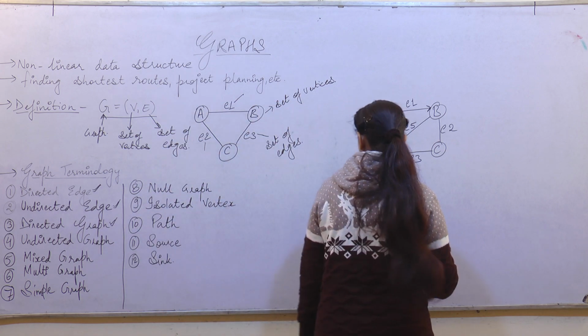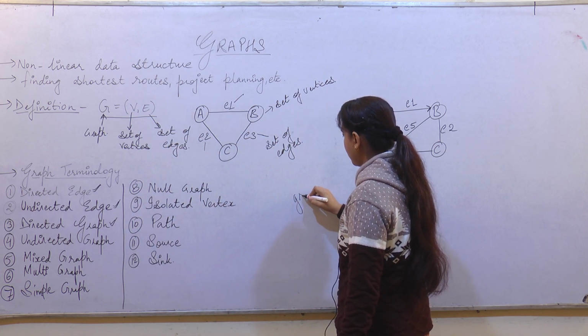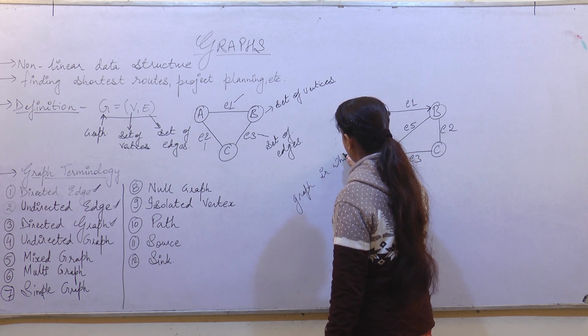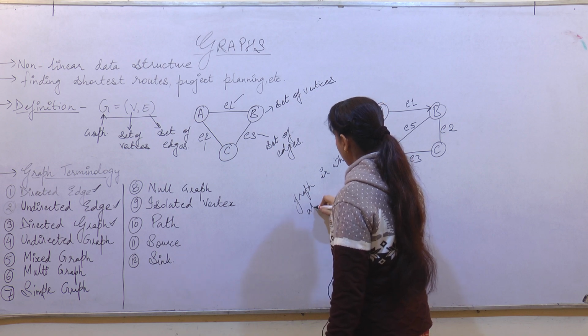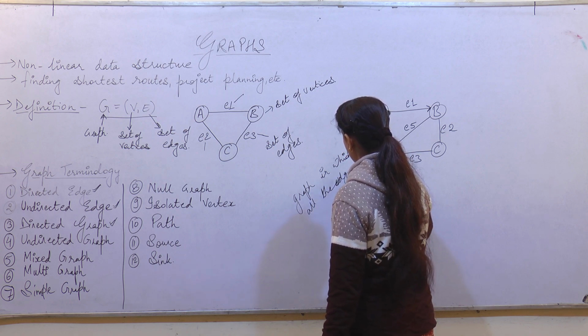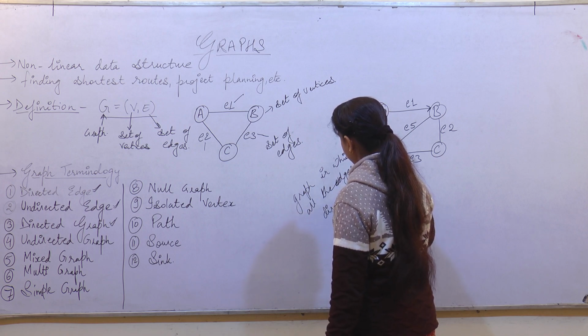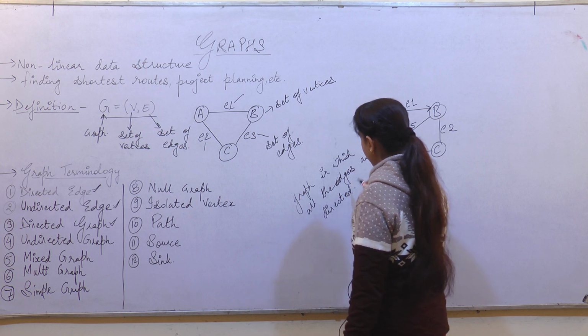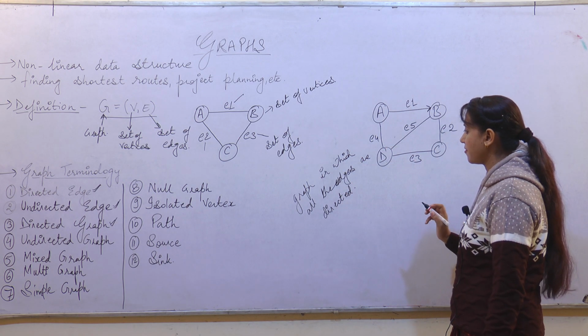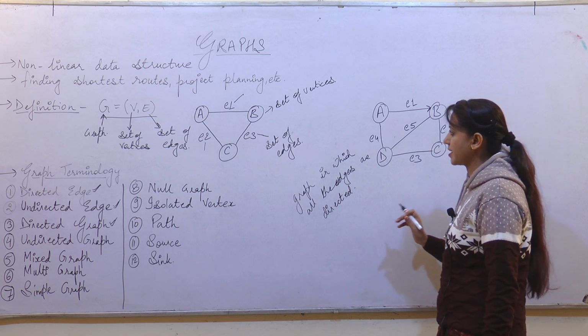Directed graph means graph in which all the edges are directed. So directed graph is the graph in which all the edges are directed.